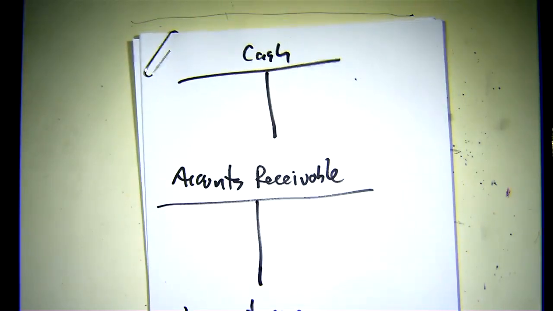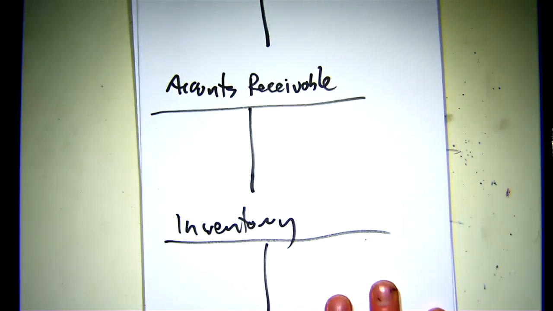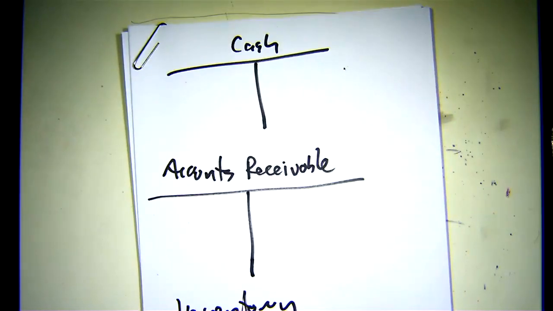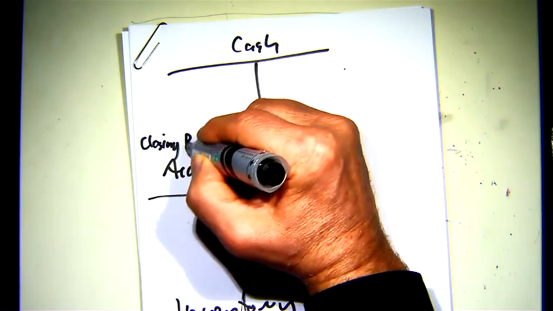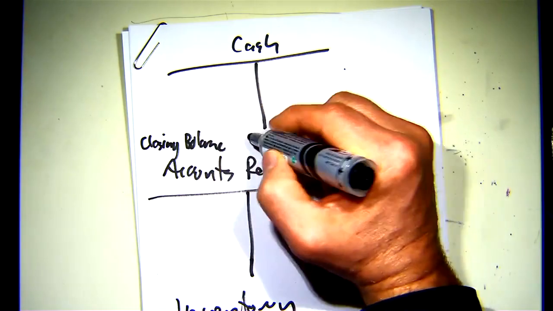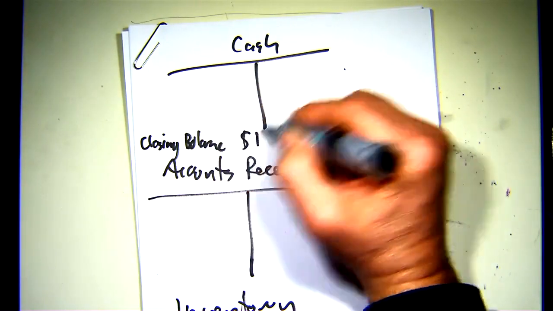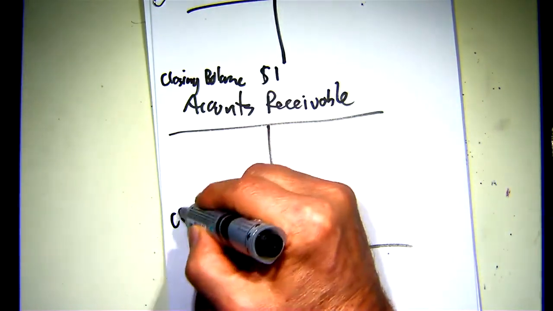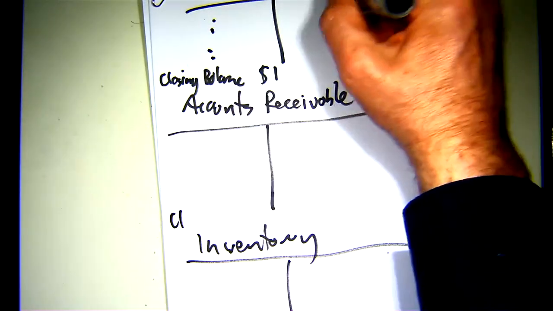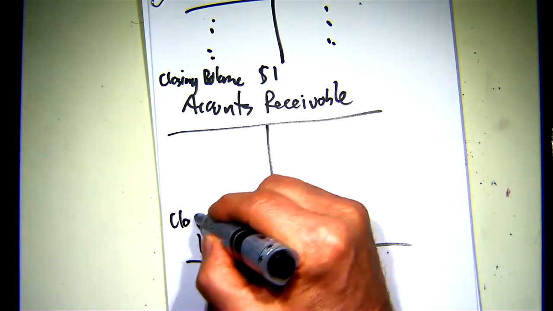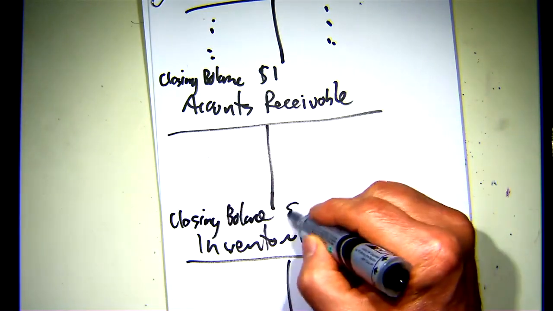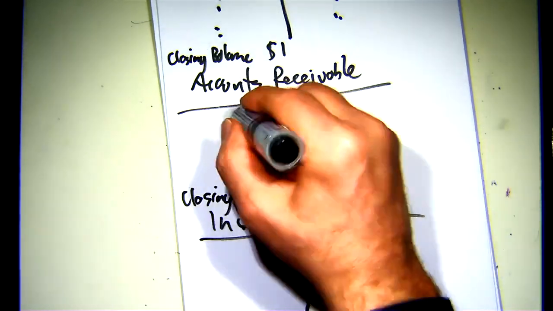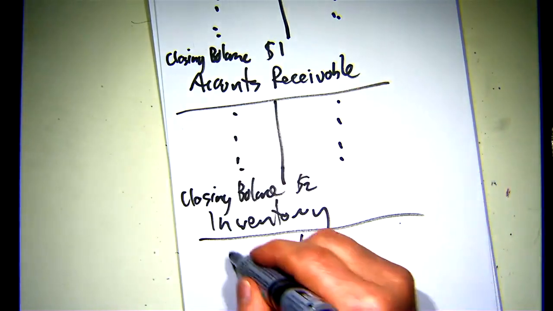I have a series of ledger accounts. So there's, say, 3 assets, and I'll have a closing balance. I'll call this $1, accounts receivable. So I've added all the transactions here, and then $2, and inventory.